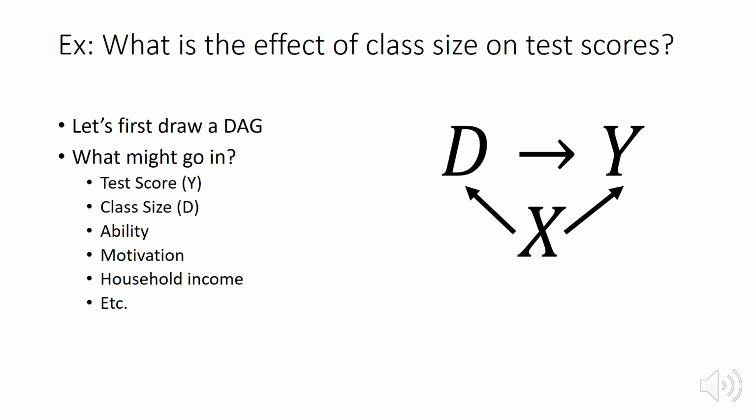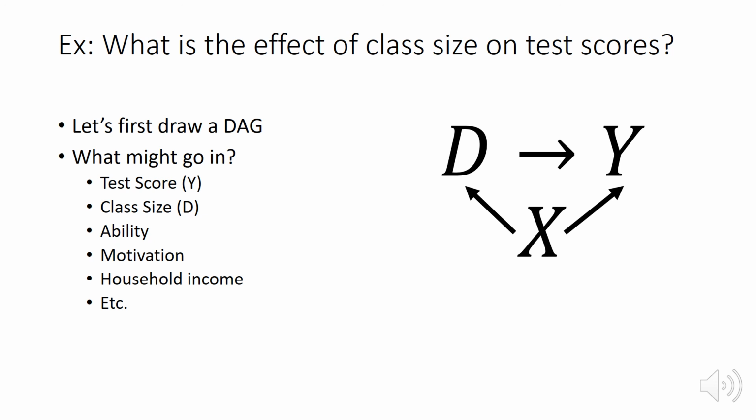Other stuff here is a confounding variable because it influences both test score and how big your class size is. How might other stuff influence how big your class size is? Well, wealthier students tend to have resources that let them go to smaller schools.